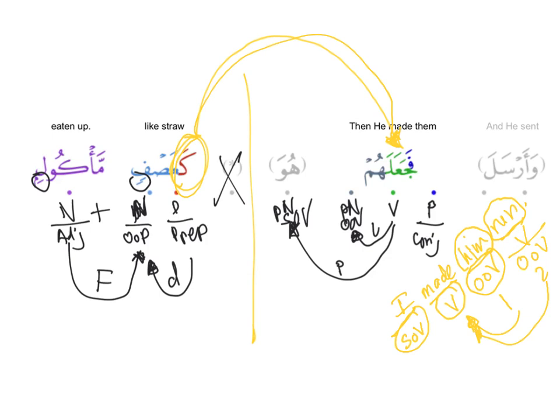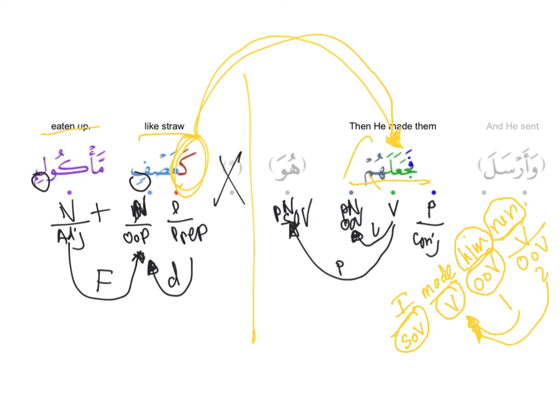If you can see this logic, then we can apply this to the Arabic also. It's like I made him angry. So the him is object one and angry is object two. Okay, so just play with that. And then we look at this Arabic فَجَعَلَهُمْ. So he made them like straws eaten up. You see that? So he made them.